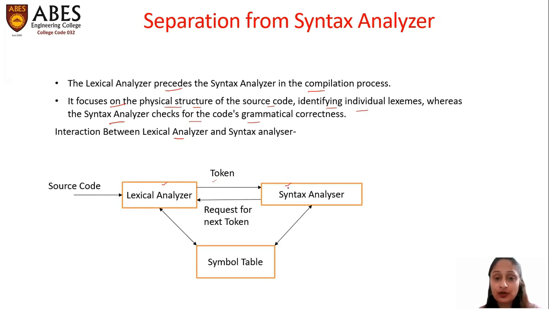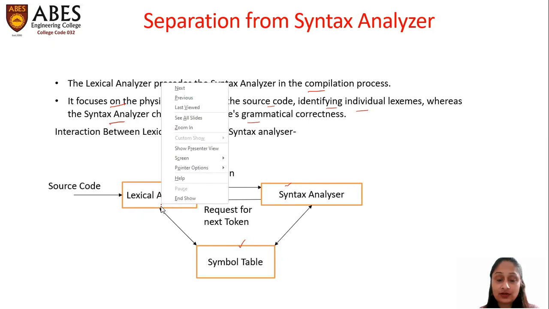Tokens are the input for the syntax analyzer, and these two phases interact with the symbol table. Symbol table is a data structure which holds the information of the tokens. Lexical analyzer saves the information about the tokens into the symbol table, and syntax analyzer retrieves this information about the tokens, which are converted into the parse tree with the help of the syntax information.